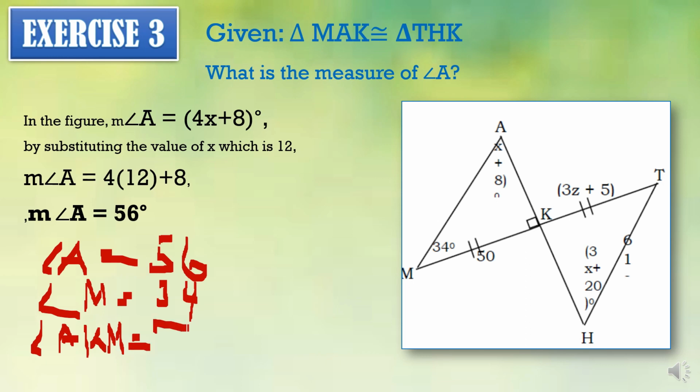Do you agree? Very good. So therefore, when you sum it up, that is equal to 180 degrees. So therefore, we got the correct measure of angle A, which is 56 degrees.